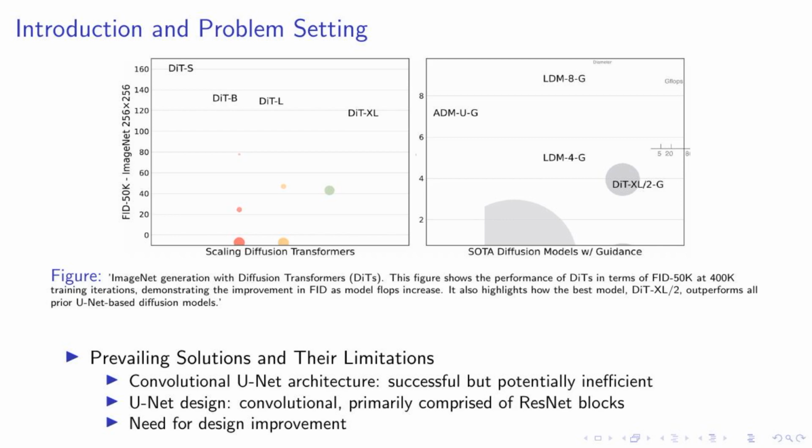It showcases the performance of our proposed solution, the diffusion transformers or DiTs. As you can see, as the model complexity increases, so does the performance in terms of FID50K at 400K training iterations. Most notably, our best model, DiT-XL/2, outperforms all prior UNet-based diffusion models. This is a promising indication that our approach could lead to more efficient and effective diffusion models.